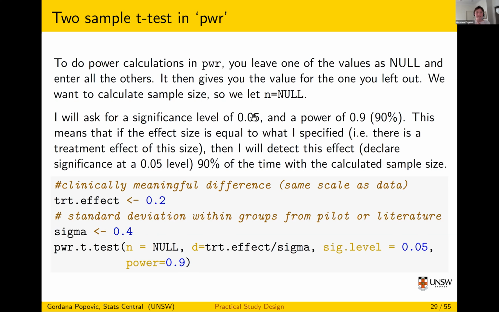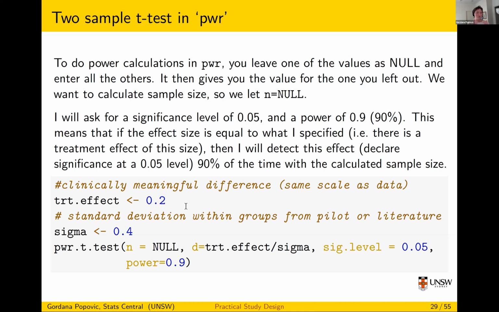Okay, significance level 0.05, power 0.9, so that's easy. Then I have to calculate an effect size. I think of an effect size that would be clinically meaningful, so it might be 0.2. The effect size here is the difference between groups.